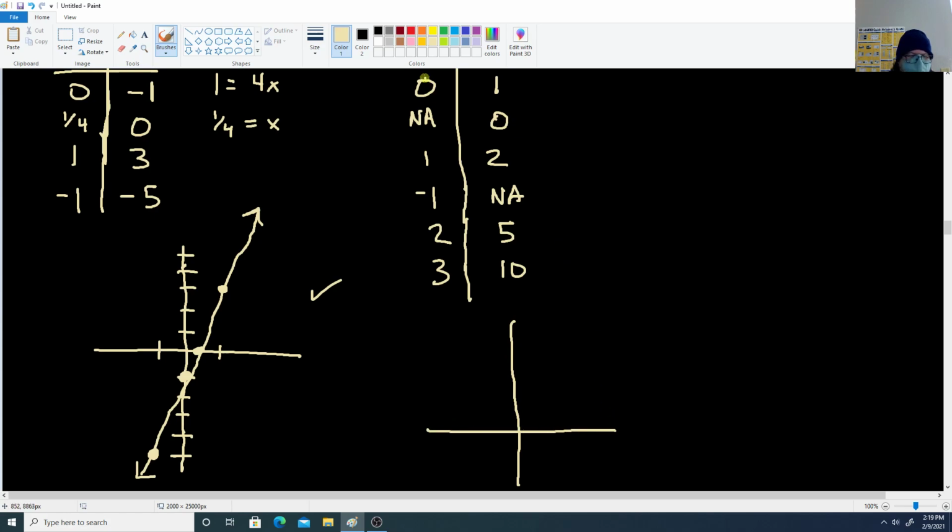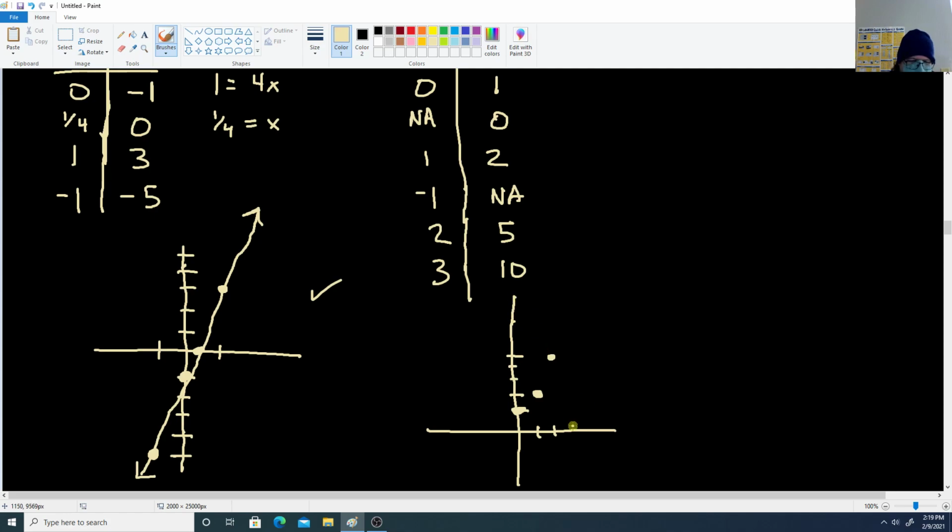So let's see here. I got x value 0, y value 1. Then we had not available for the x-intercept, so this thing never hits the x-axis. When x is 1, y is 2. When x is negative 1, doesn't exist. When x is 2, y is 5.